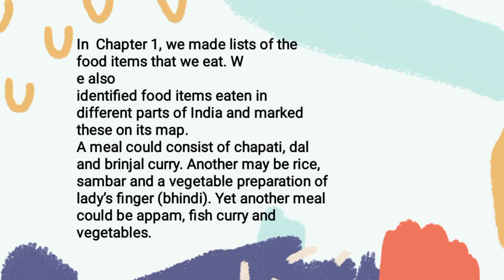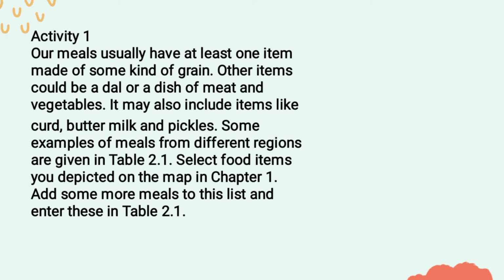So in chapter 1, we had studied that in different parts of India, we find different foods being eaten. In some parts it is chapati, dal and brinjal curry, in some other part rice, vegetables and sambar, and in other parts appam and fish curry and some vegetables. So let us see activity 1.